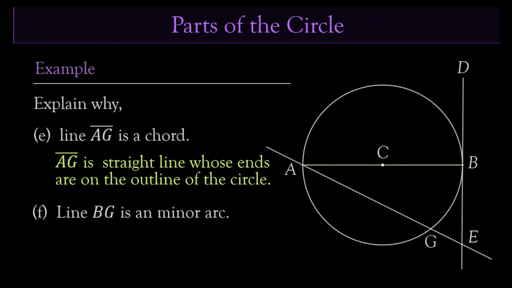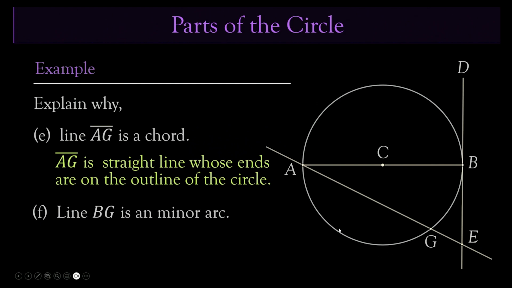So BG there is a minor arc because it's a small part of the outline of the circle. Okay, of course BG, if we start reading around from the other side, so this is the minor arc BG, but there is also BG going the long way around, and that would be the major arc.